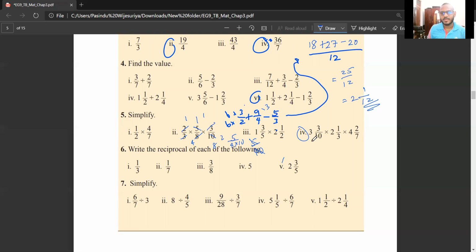So 3 into 10 is 30 plus 3 is 33 divided by 10, into 2 into 3 is 6 plus 1 is 7 over 3, into 4 into 7 is 28 plus 2 is 30. Then you can cancel, and 33 is the answer. Simple as that.